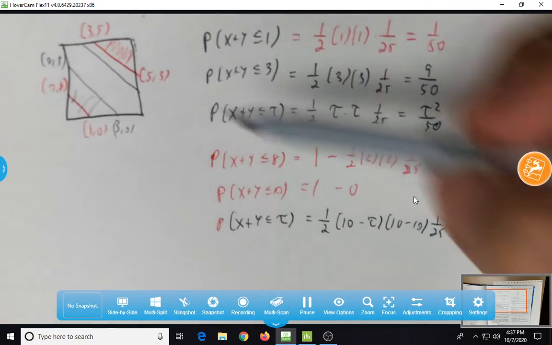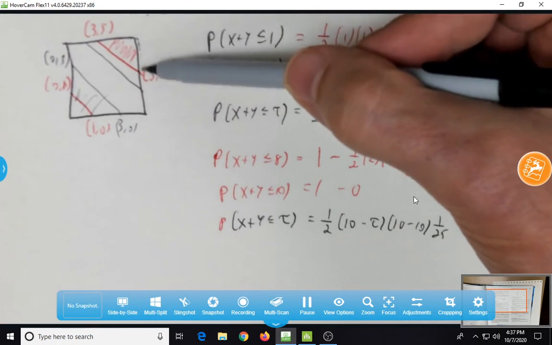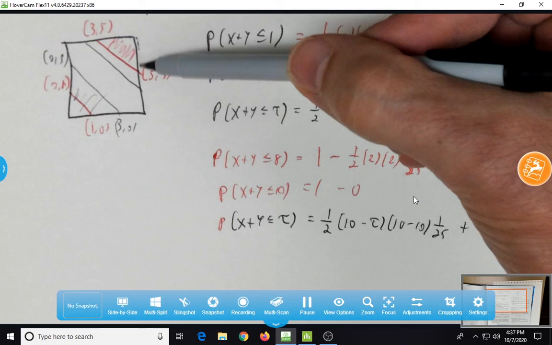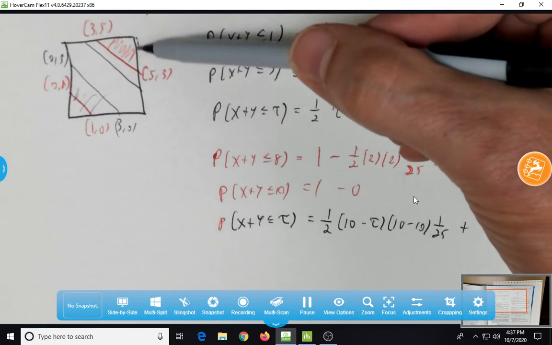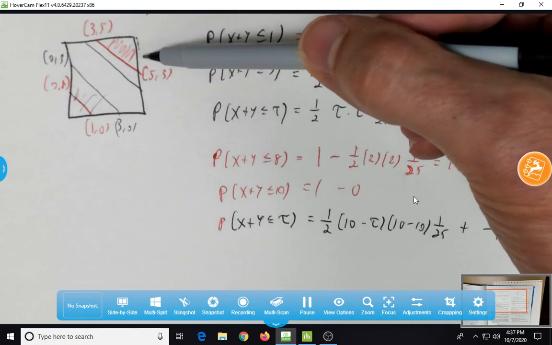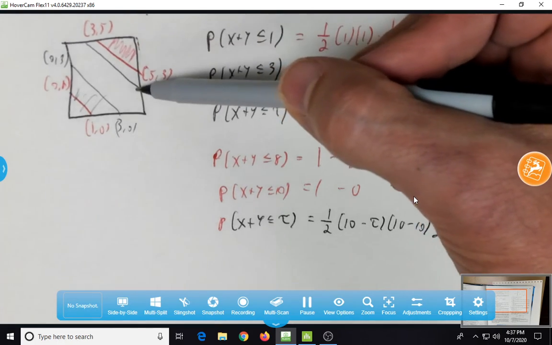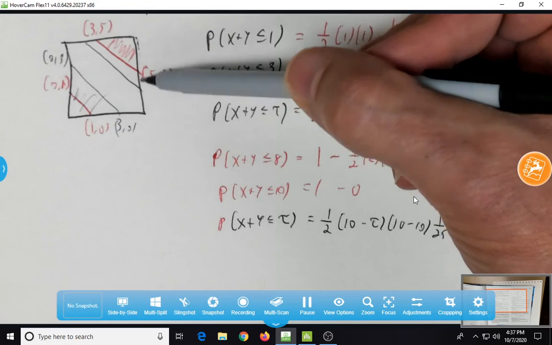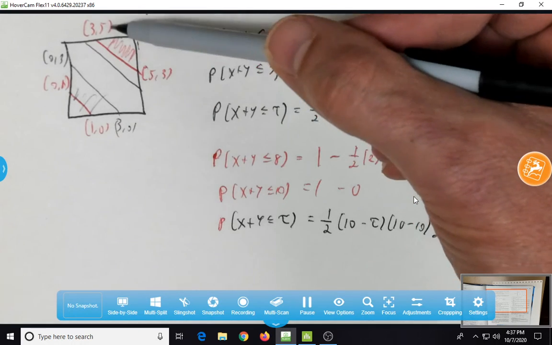So again, the idea is if this is 8, the length of this triangle will be 3.5 minus 3, or 2. Times 2 gives me 4. And if this were 6, then 10 minus 6 gives me 4. 4 times 4 gives me 16 times 1/2.